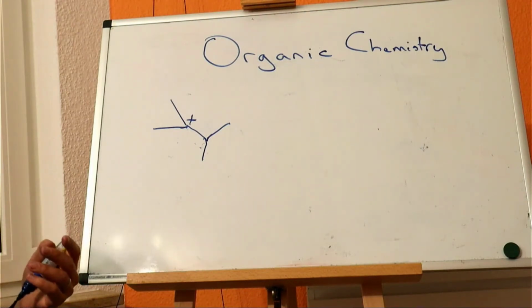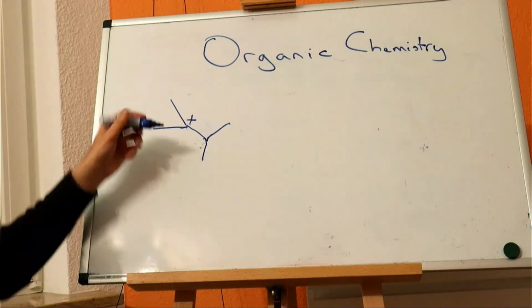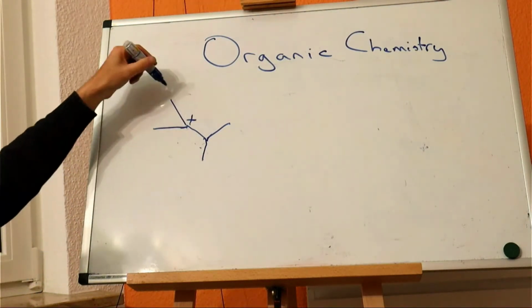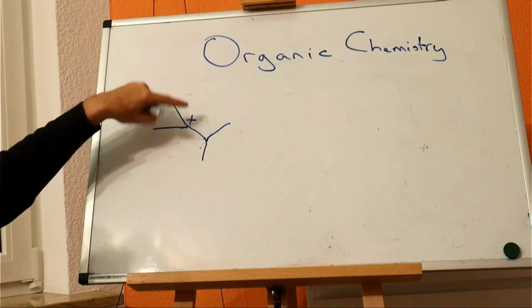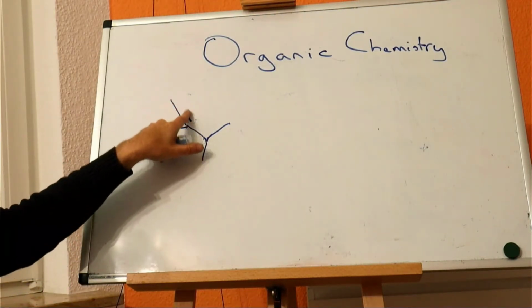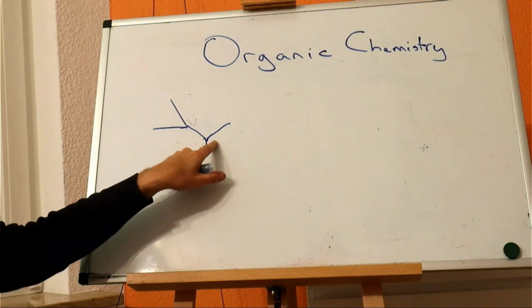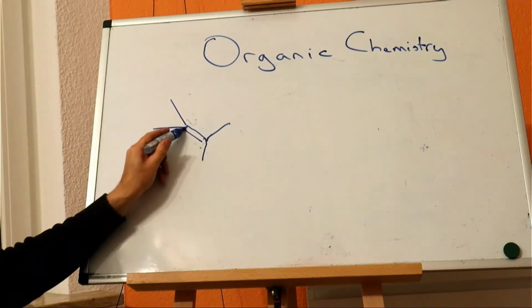We could do an elimination this time, and this will eliminate in one way or the other. So it could eliminate to form this product, but that's not going to be as likely as eliminating the hydrogen that is still here and forming this double bond.